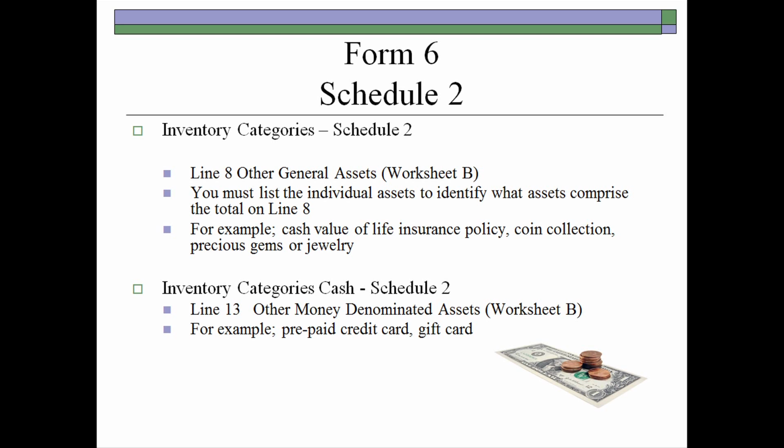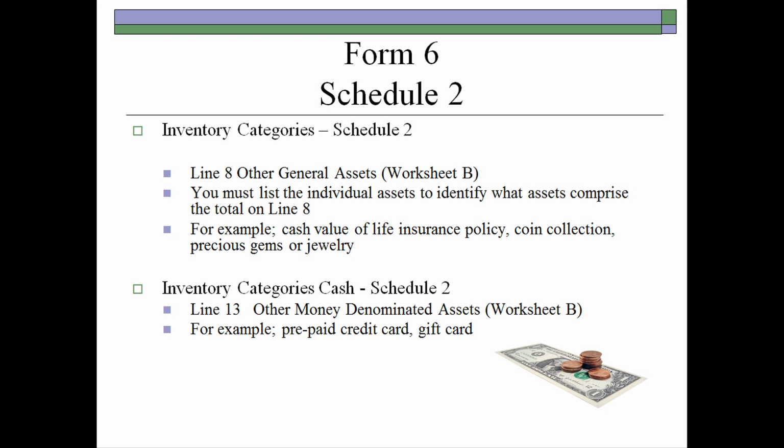Line 8 is for other general assets, and you will put non-cash assets there, such as the cash value of a life insurance policy, a coin collection, appraised jewelry, or precious gems. They have a value worth, however, they are not readily turned into cash unless they're sold or, in the case of a policy, cashed in.